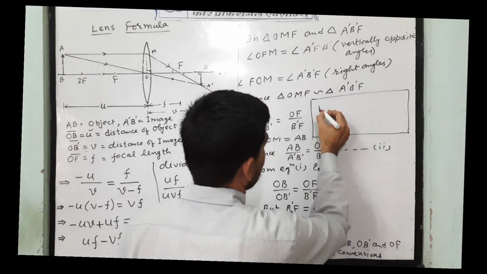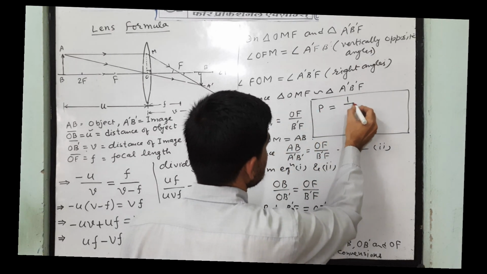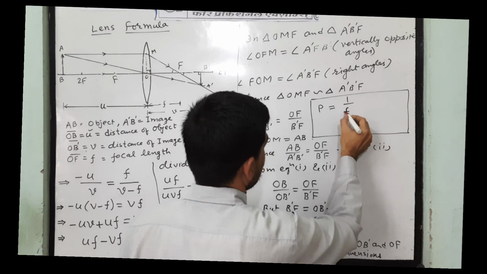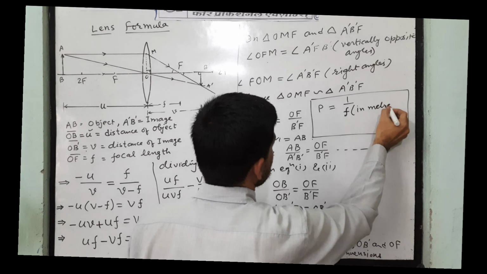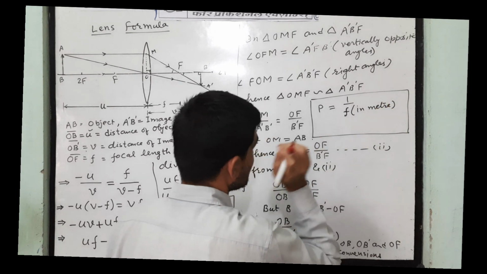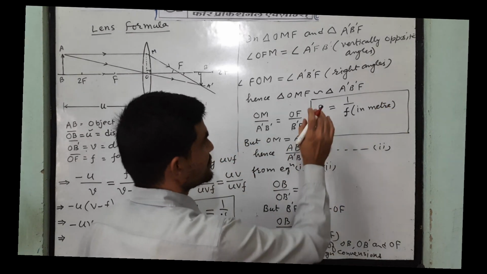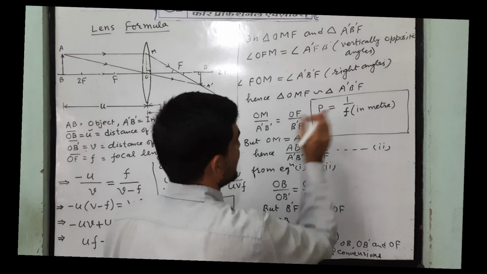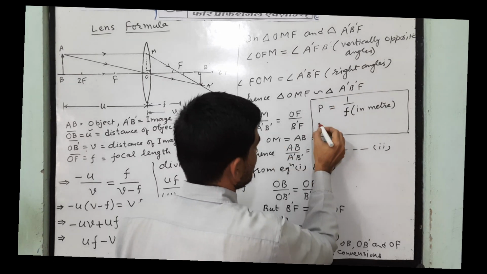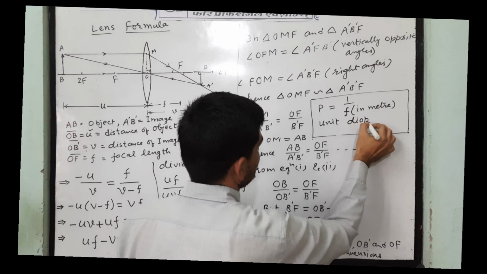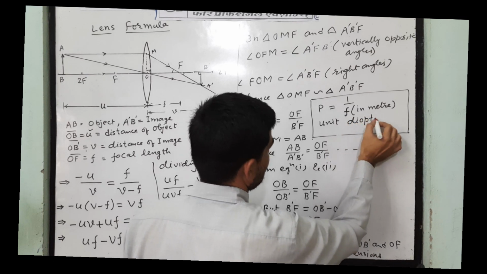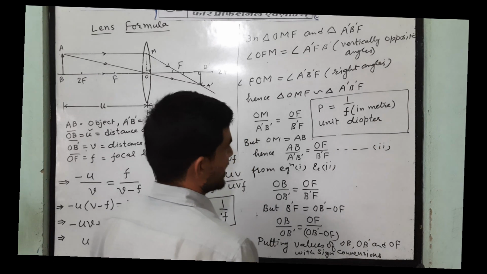The power of the lens is nothing but the reciprocal of focal length, and remember it should be expressed in meters. So F is expressed in meters, so power is 1 upon F. Its unit is called diopter.